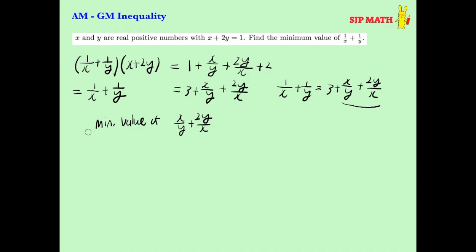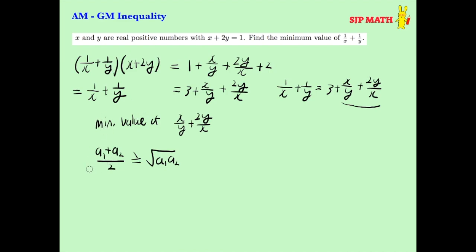So the AM-GM inequality states that if we have two non-negative real numbers, a1 and a2, then the arithmetic mean, a1 plus a2 over 2, is larger than or equal to the geometric mean, the square root of a1 times a2.